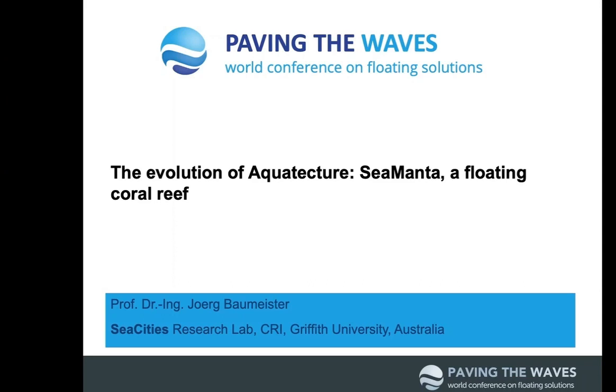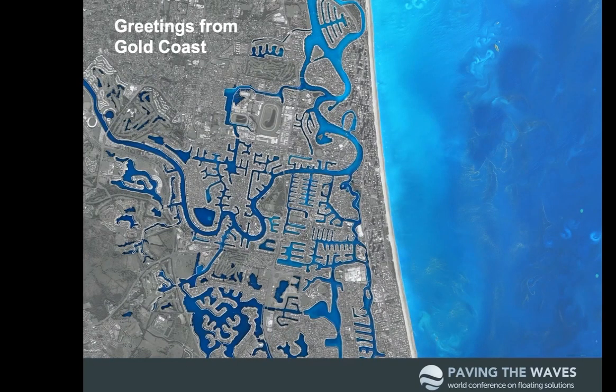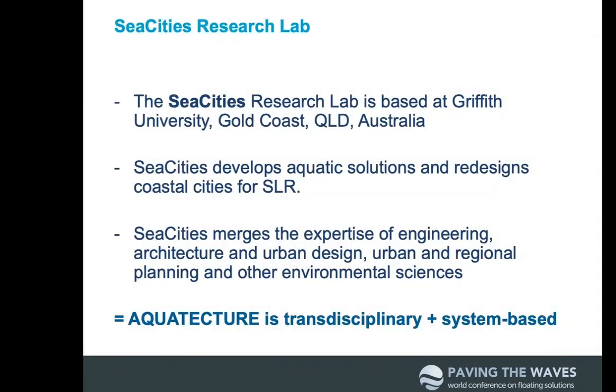Hello, my name is Jörg Baumeister. I'm from Griffith University and I'm the leader of the CCT Research Lab. We are located here at Gold Coast, 500 kilometers of canals, wonderful climate, and also lots of water, as you see. The CCT Research Lab is based at Gold Coast.